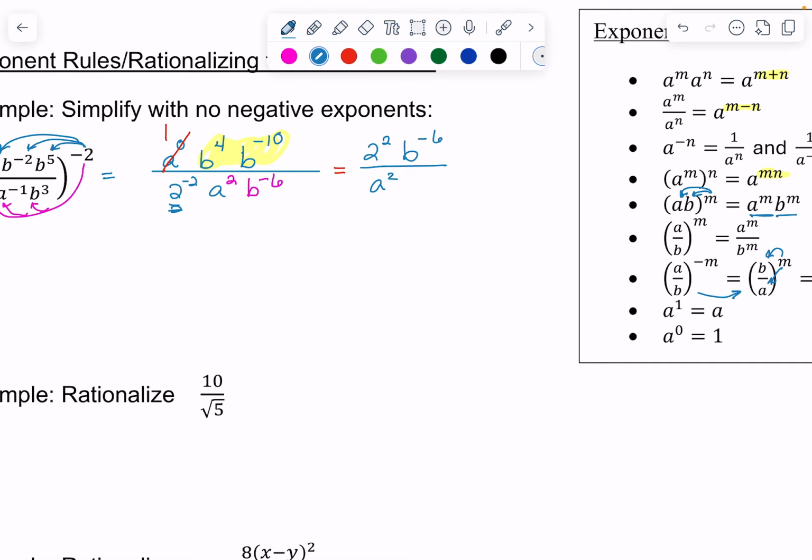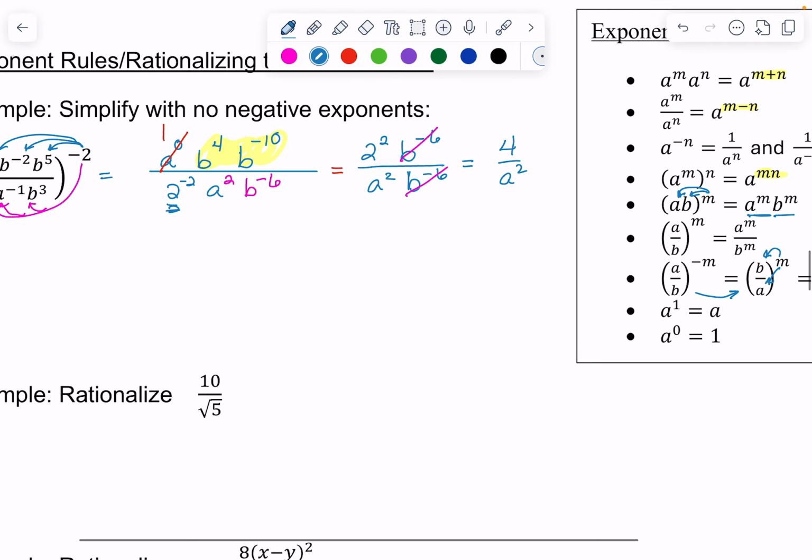And I have a b to the negative 6. So I see that I have a common b to the negative 6. So those are going to cross out. And now what I'm going to have is 2 squared is 4 over an a squared. And that's simplified with no negative exponents, so I'm all good.